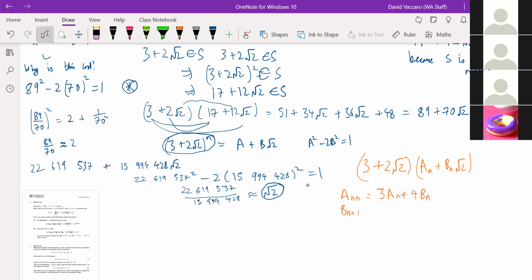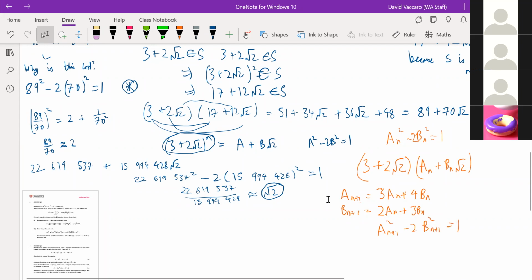I should look up the MAT question. It just got you to verify, and it was a little bit rabbit out of a hat, that if an squared minus 2bn squared was equal to 1, and you define an plus 1 as 3an plus 4bn, and bn plus 1 as 2an plus 3bn, then an plus 1 squared minus 2bn plus 1 squared equals 1.